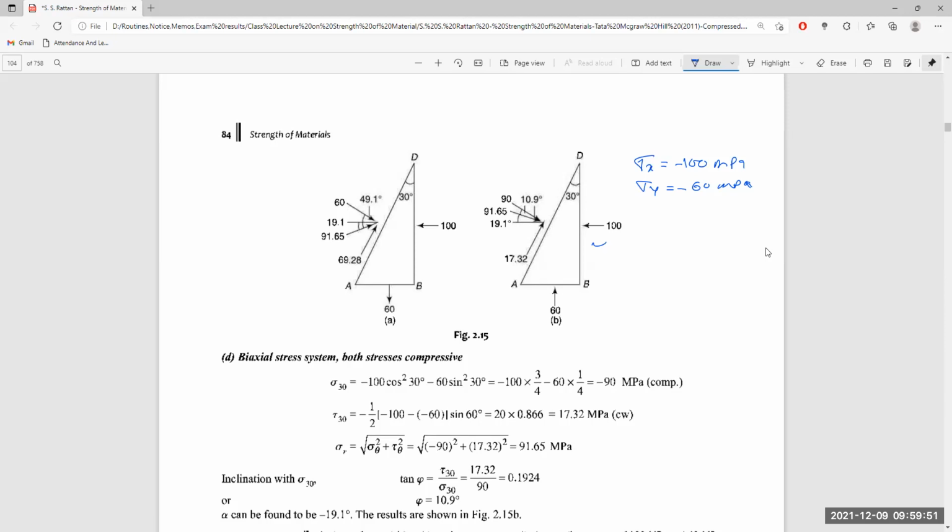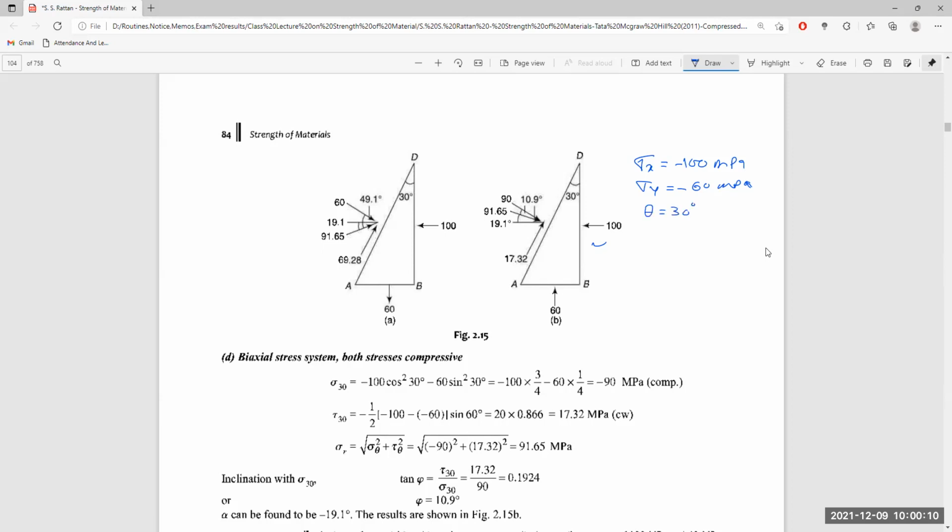It is the inclination of this oblique plane with the plane of 100 MPa, where we know the plane of 100 MPa is normal to the longitudinal axis of the bar, and plane AB is along the axis of the bar. So theta is again 30.